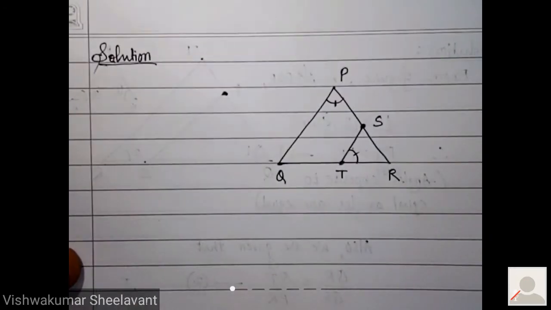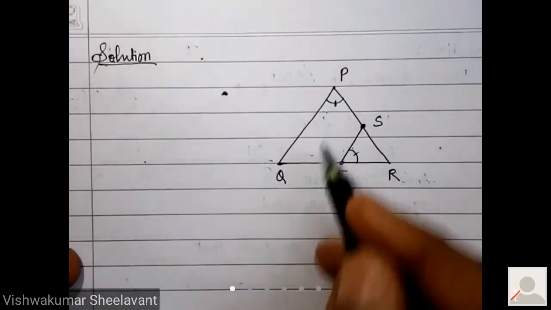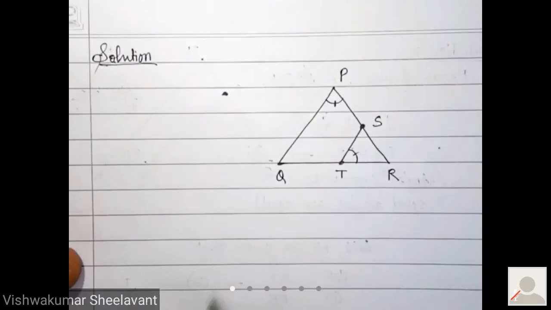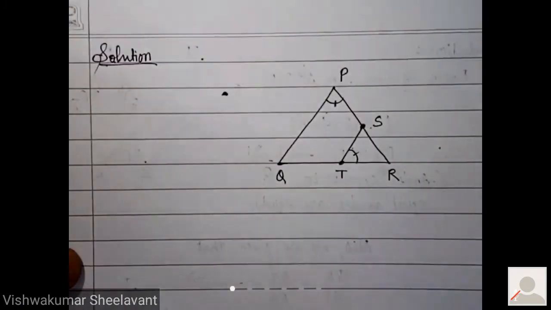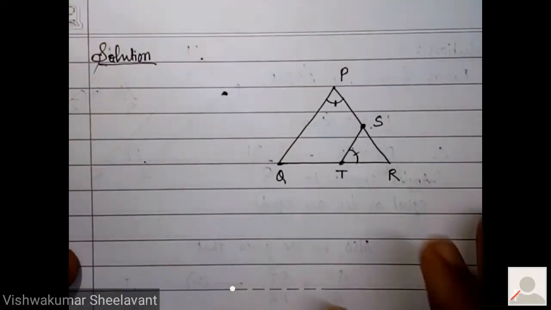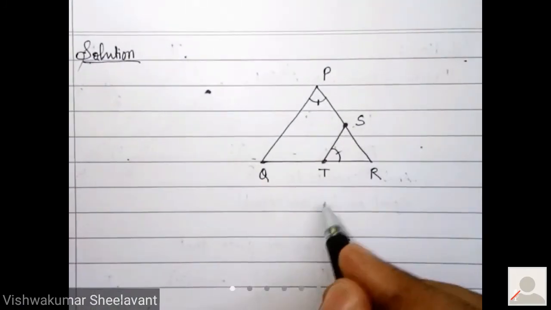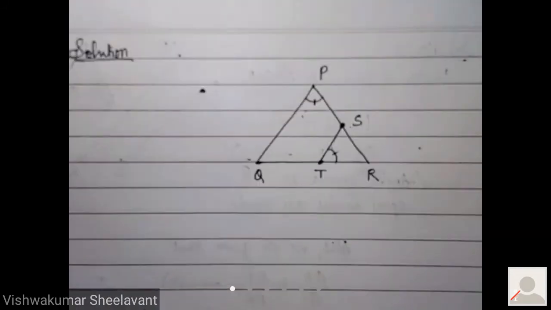Show that triangle RPQ is similar to triangle RTS. Okay. We can draw now smaller two triangles.